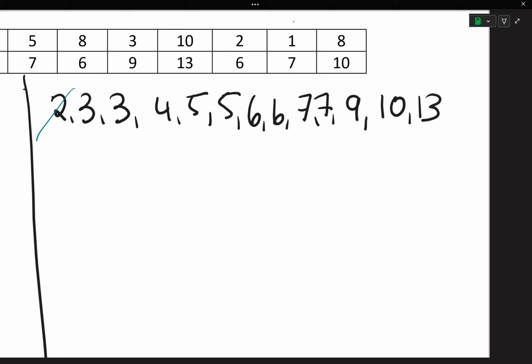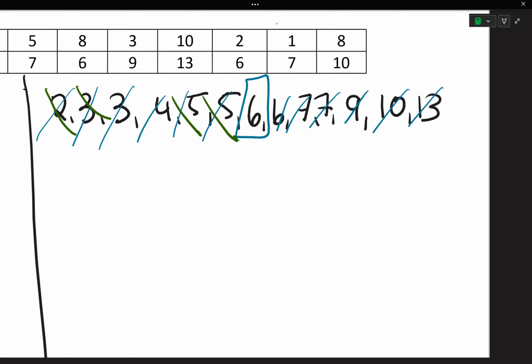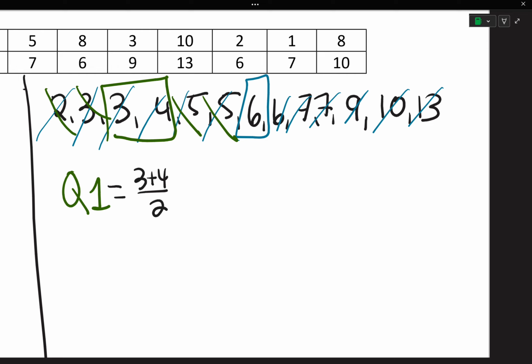All right, let's find that median first. All right, we know not to use 6. Let's find Q1. It's stuck between 3 and 4. So for Q1, I'm going to do 3 plus 4 divided by 2, which gets me 3.5.